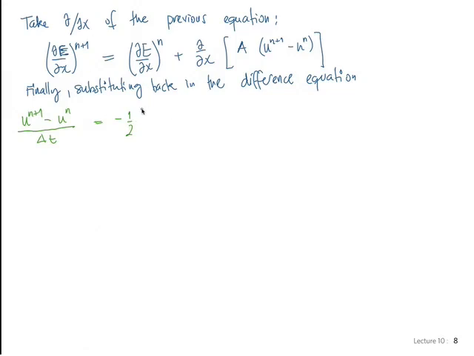That's where I'm going to put that. So we still have the dE/dx at n, and the other term I can incorporate, the dE/dx at n plus d/dx of A times (u at n plus 1 minus u at n). And this closes there.